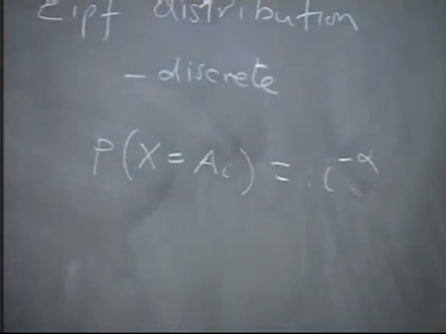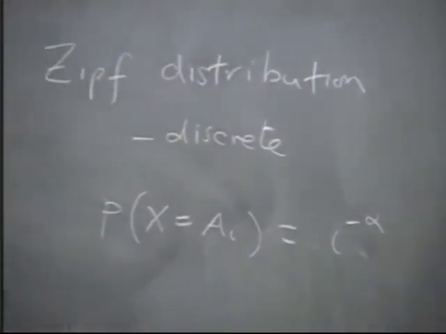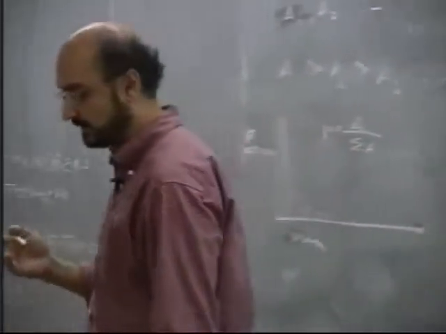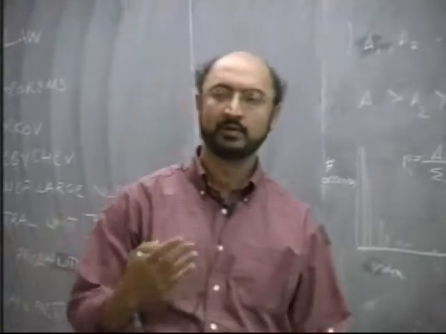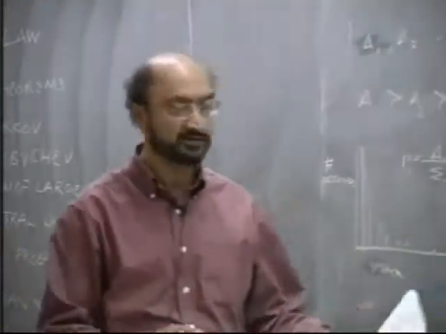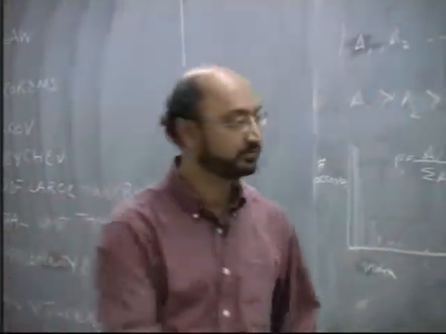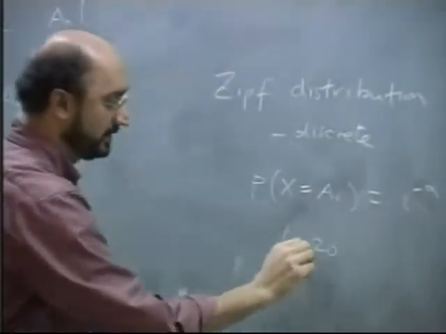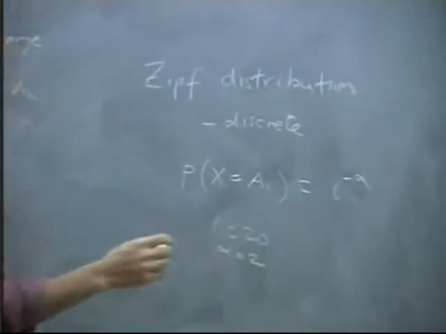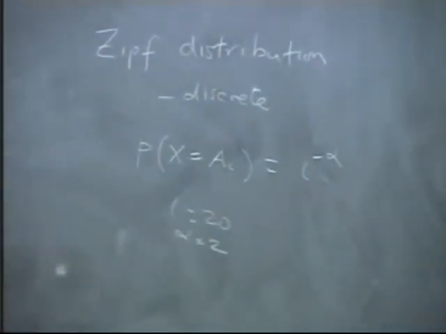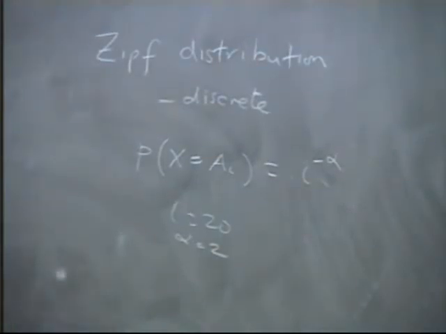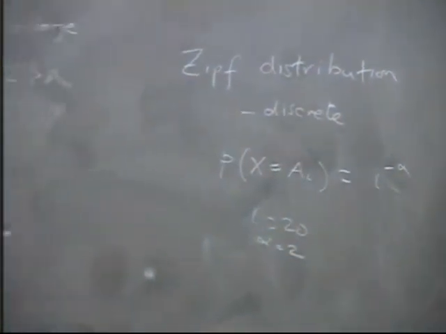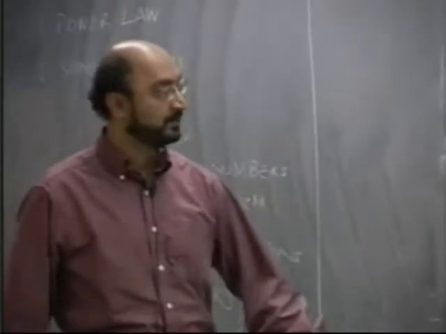So essentially what you're saying is that the ith value goes down roughly like this. To take an example, if i is 20, then the probability of the 20th thing we access is 1 over 400 if alpha is 2. So if i is 20 and alpha is 2, then the 20th item is going to be accessed 1 over 400 times, the 30th item 1 over 900 times, and so on. So it decays fairly fast.